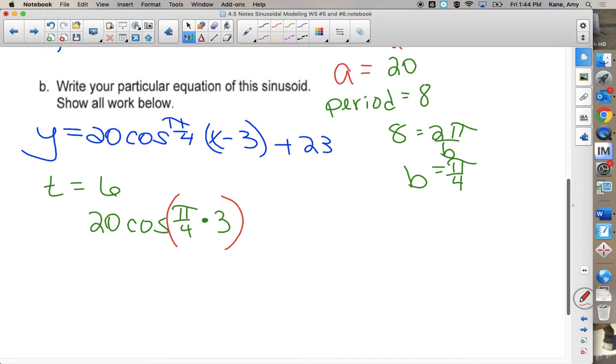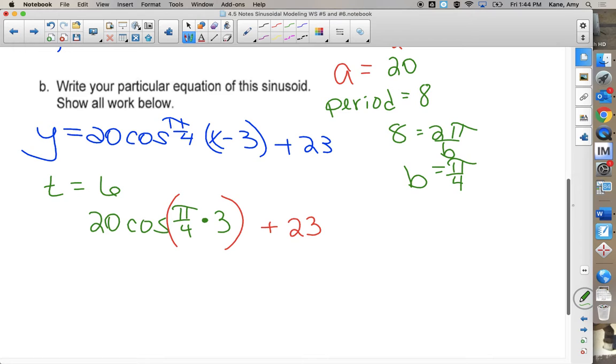So my suggestion would be to calculate this first in your calculator separately. Right now, type pi over 4 times 3. Now that you have that number, you're taking the cosine of the number that you got here, whatever that number happens to be. But use that second answer function.